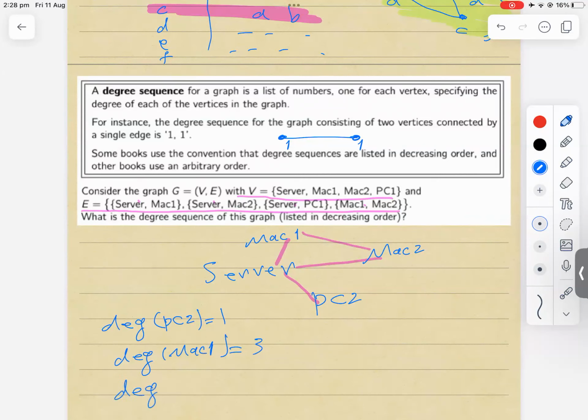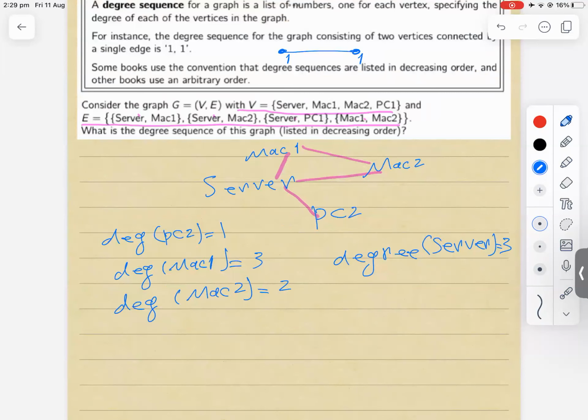Degree of Mac 2 is 2. Degree of server is 3. So the sequence is, in decreasing order, 3, 3, 2, 1.